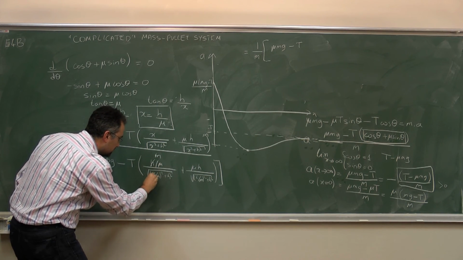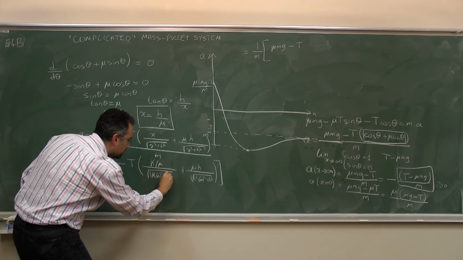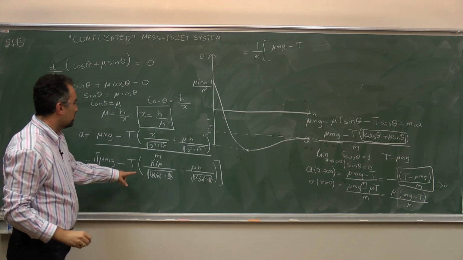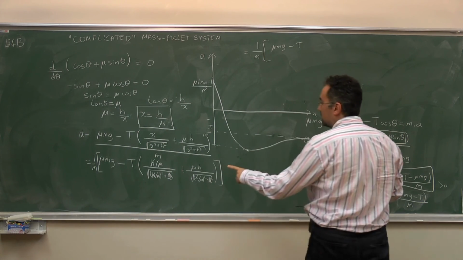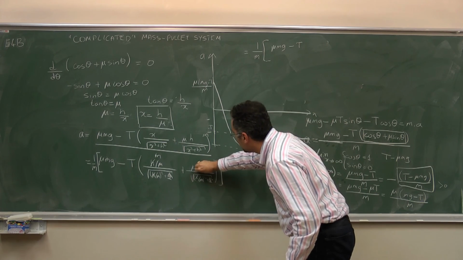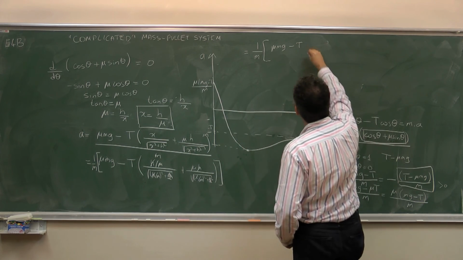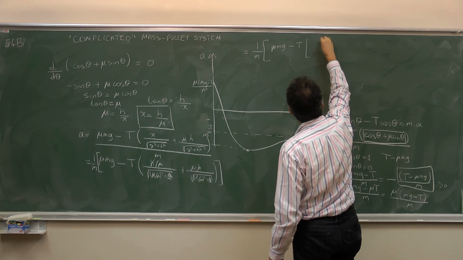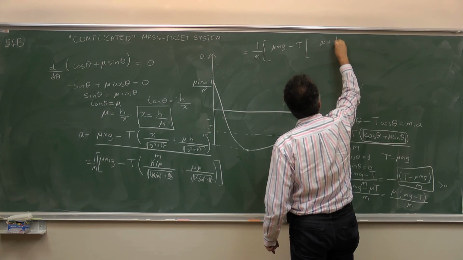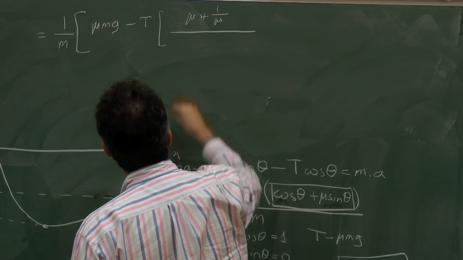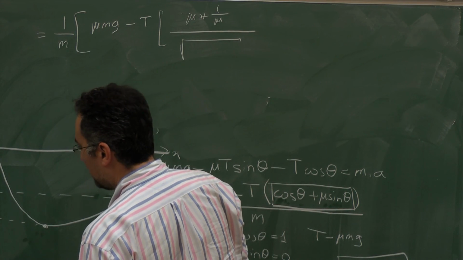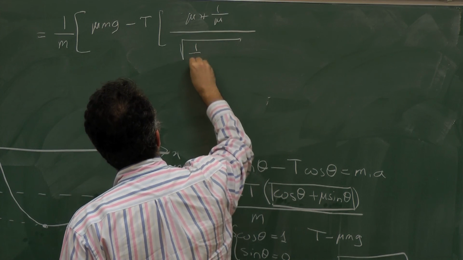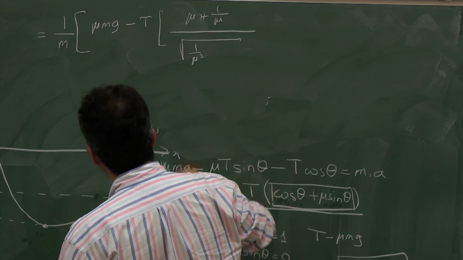These cancel. So you have a 1 there, and that cancels. You have a 1 there. And that h also cancels. So I end up with mu plus 1 over mu, over the square root of 1 over mu squared plus 1.